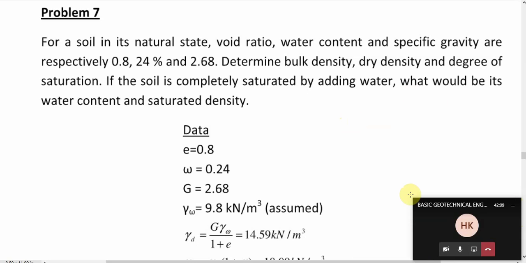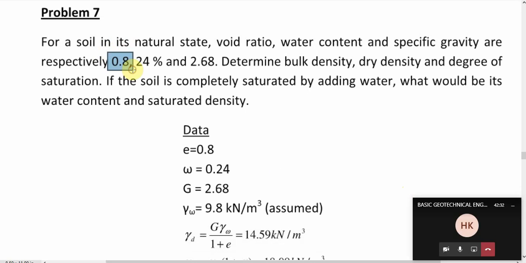Okay, so we'll solve the last problem. For a soil in its natural state, void ratio, water content, and specific gravity are 0.8, 24%, and 2.68 respectively.